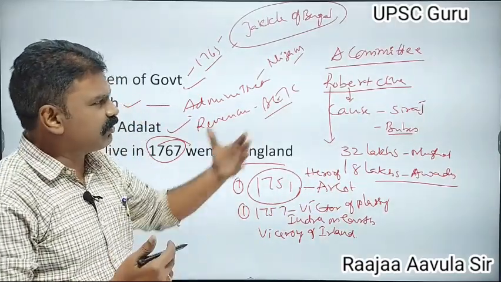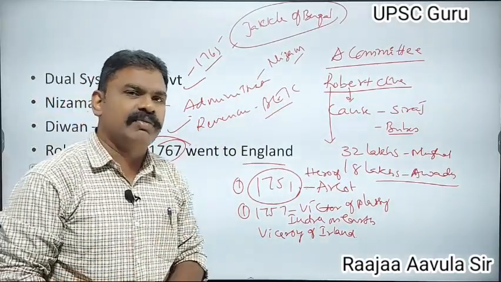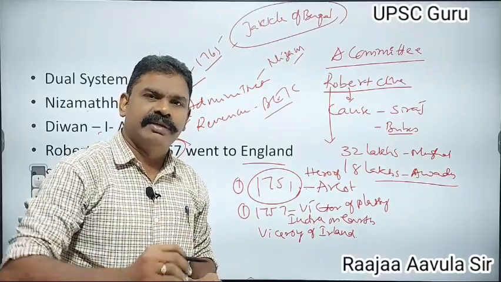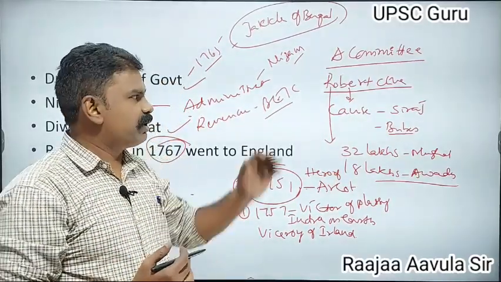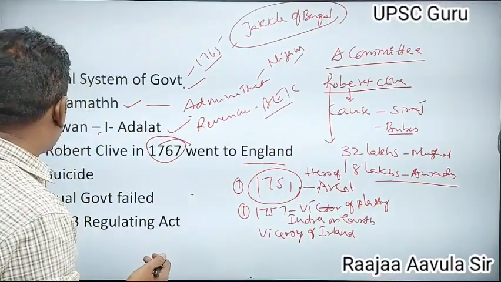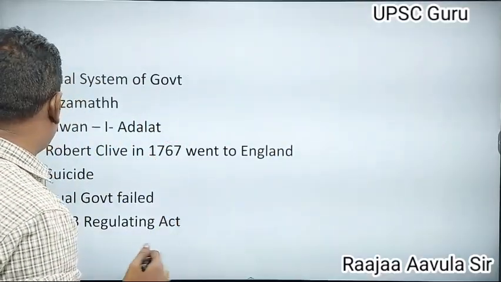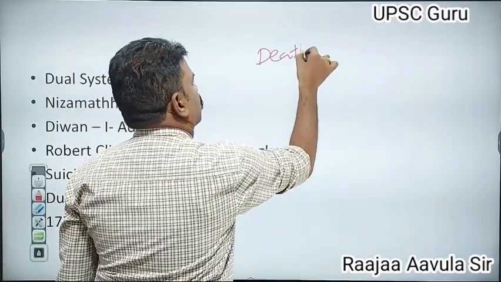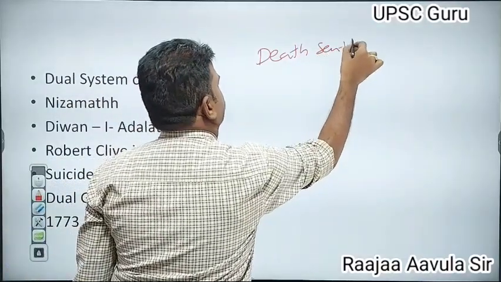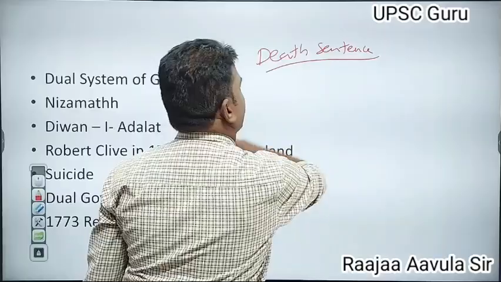All these titles were given to Robert Clive. But finally, a committee made a report against him. Because of that committee, Robert Clive would go to the death sentence, that means hanging.